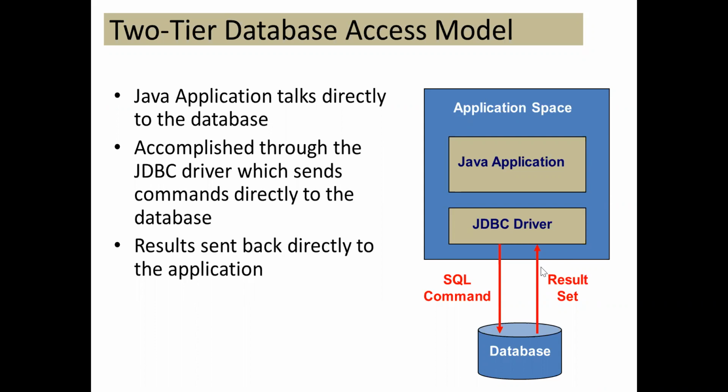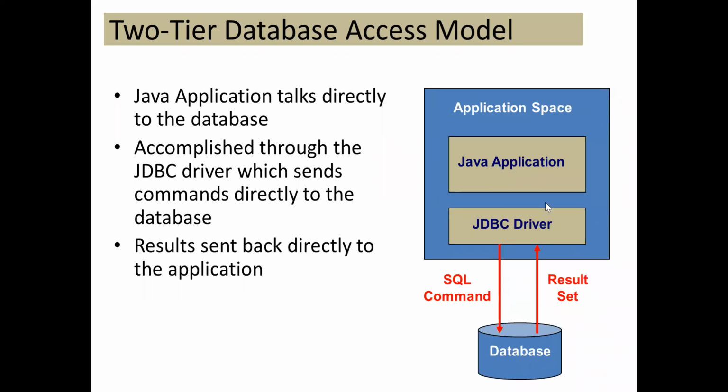Once the Java application talks directly to the database, we have to accomplish it through the JDBC driver, which sends the command directly to the database. So this is a one-to-one access using the two-tier. We can call this one tier, and this database we can call the second tier. So this we can call a two-tier.